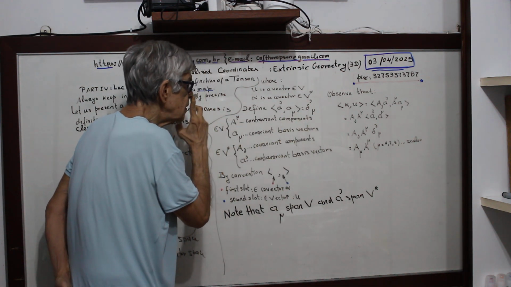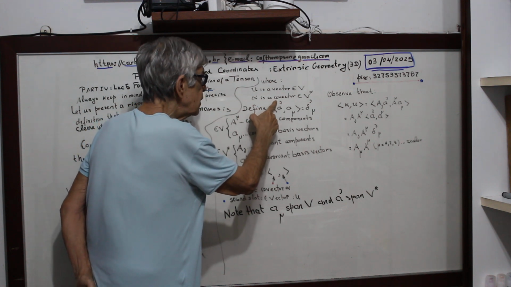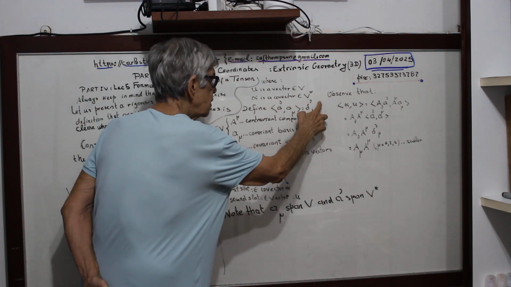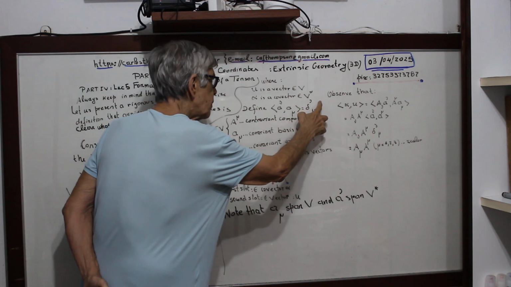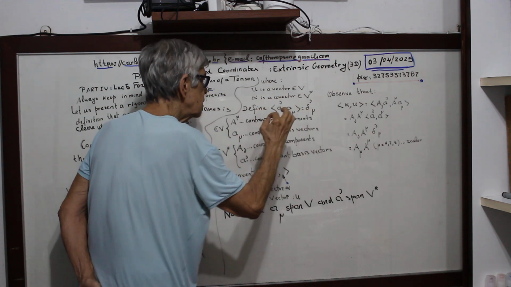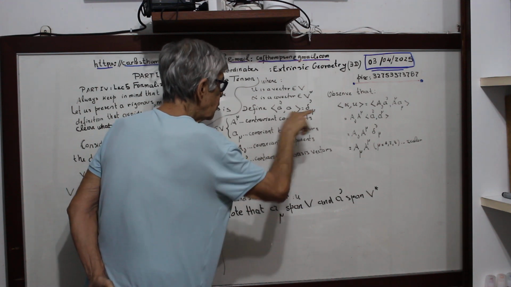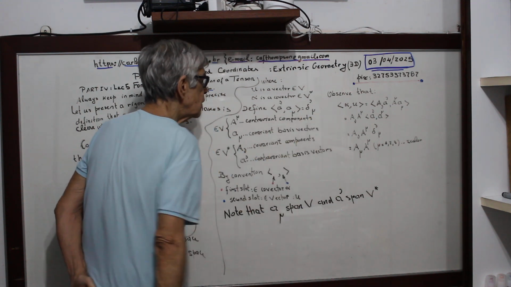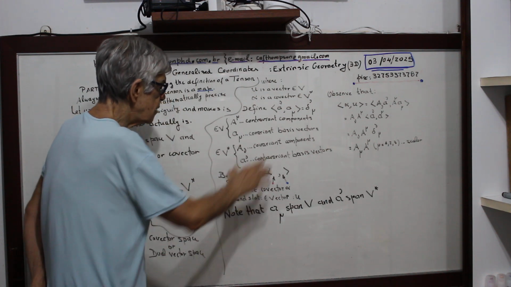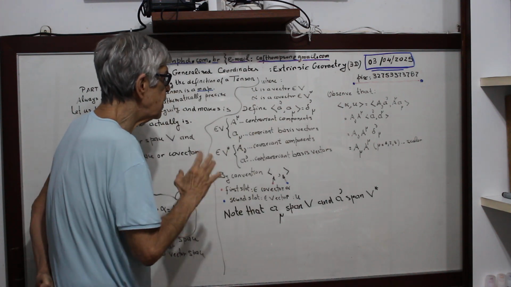Attention now, you see, nu is upper index. The right hand side nu is upper index. Must be. Okay? Now mu is lower index. The right hand side mu is lower index. See? You always obey this.